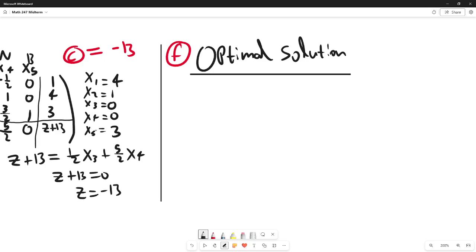I was talking. But yeah, this is the optimal solution because in the objective function, if all of the coefficients for each of the variables are positive, then if those variables were to increase, the value of that objective function will also increase.